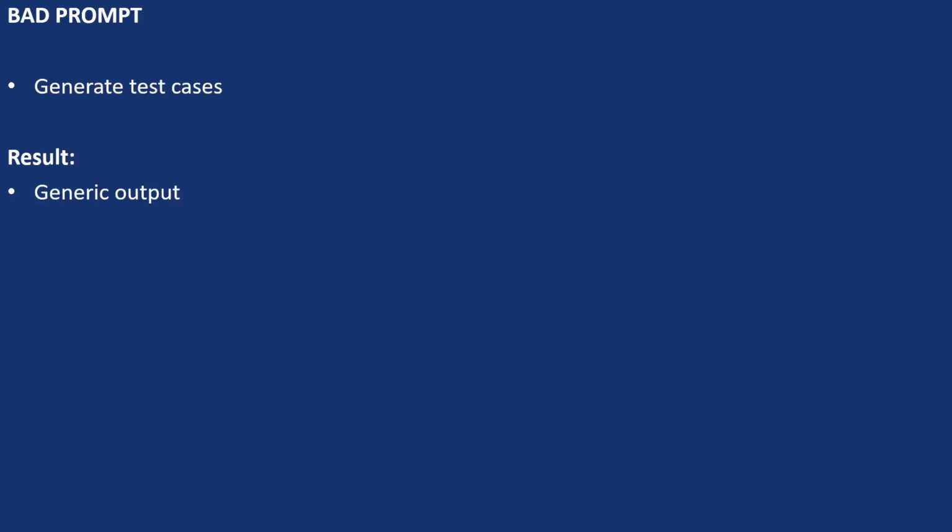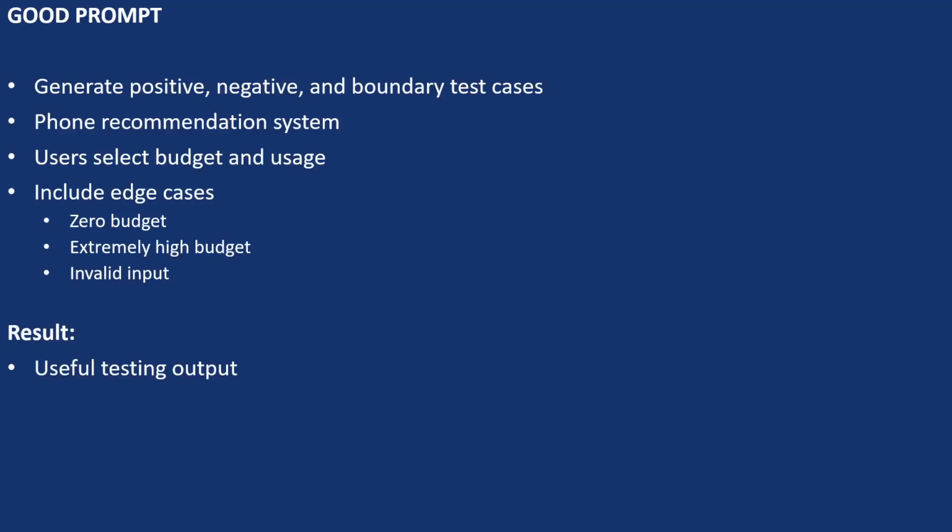Now, let us discuss the difference directly. A bad prompt is just "generate test cases" and the result will be a generic output. A good prompt will be "generate positive, negative and boundary test cases for a phone recommendation system where users select budget and preferred uses.